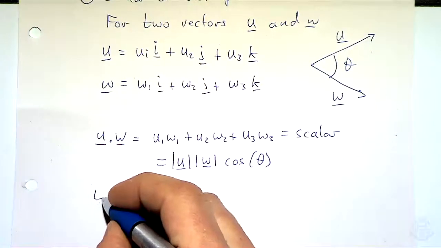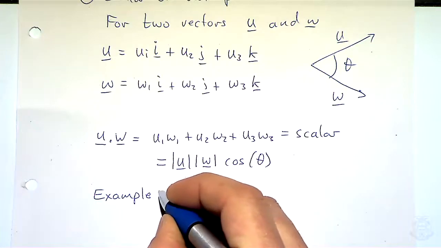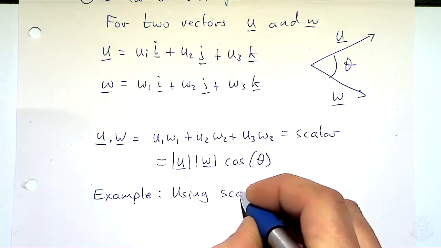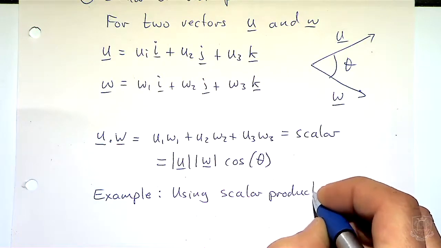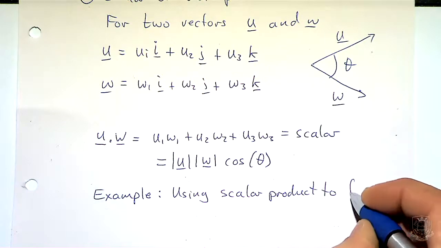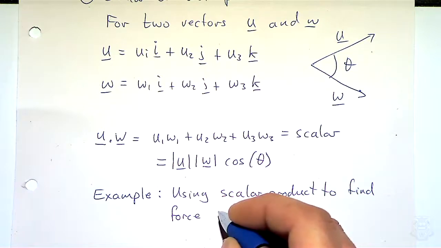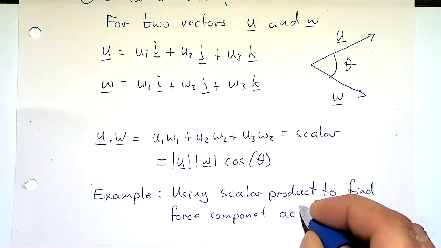So let's do an example using scalar product to find the force component acting along the length of a cylinder.